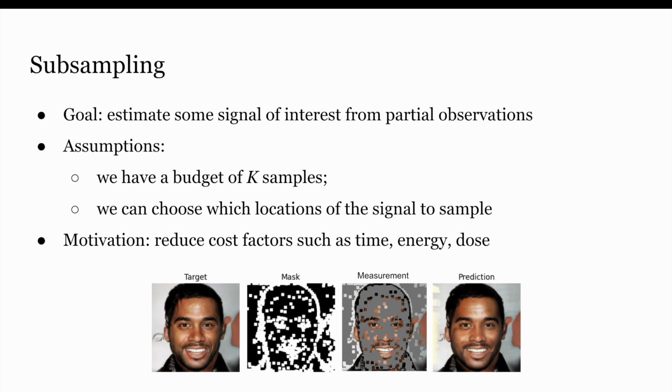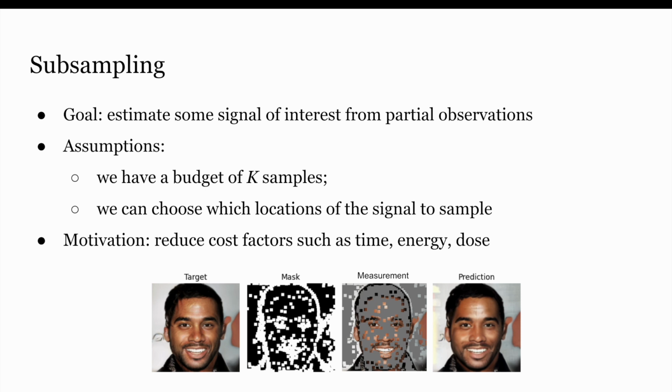And in general, we think about having some budget of samples. So we might be acquiring a quarter of the pixels, or every second measurement of an audio signal or something like that. And for active subsampling in particular, which is what we're doing here, we can assume that we have some choice in how we can sample this signal or how we can subsample it.